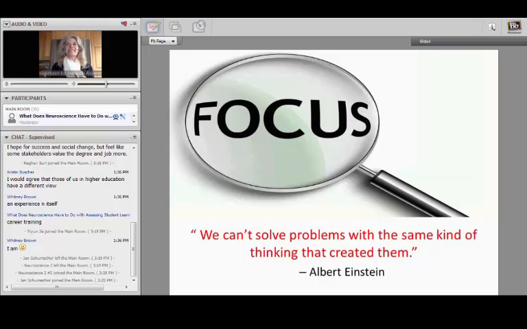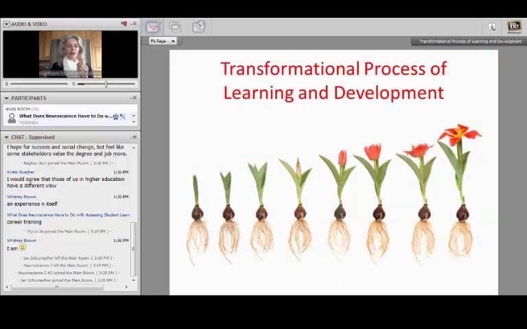And when I think of this, I think of how did we get to the commodity of higher education being a job? How did we get there? Well, it requires us to shift our focus and really look critically at how we've designed learning and development.